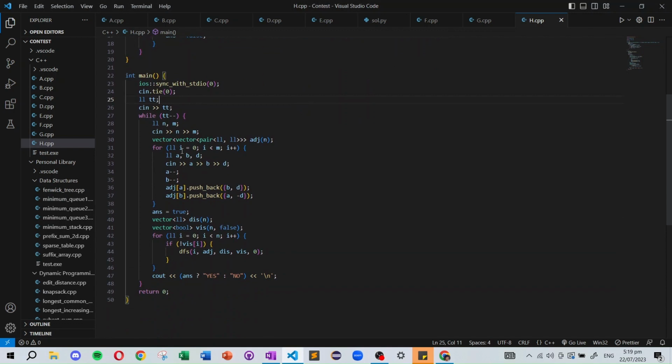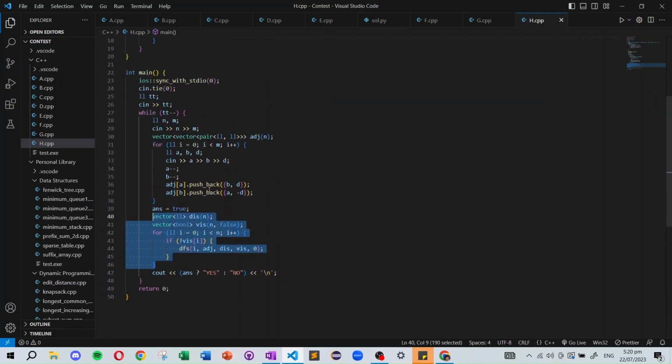You want to store the triples A, B, D as a graph such that there is an edge from A to B with a weight of D and an edge from B to A with a weight of negative D. Now you do a DFS traversal, and you want to keep track of the distance of a node from its representative node in that connected component, and whether it is already visited or not.